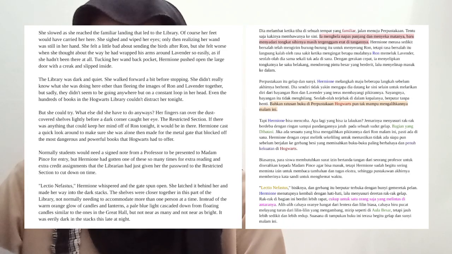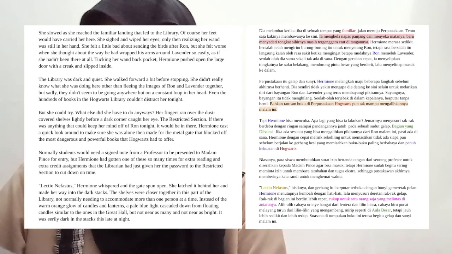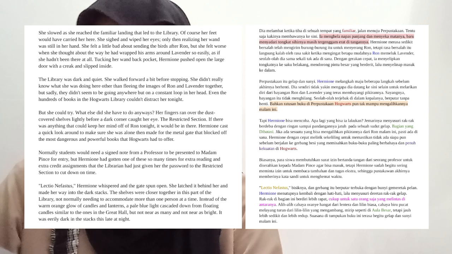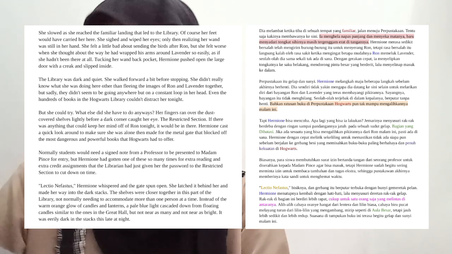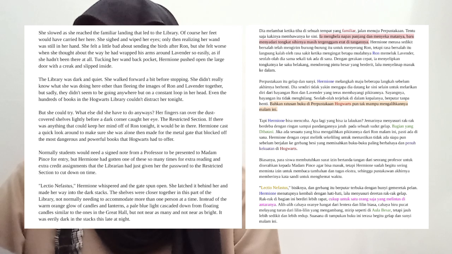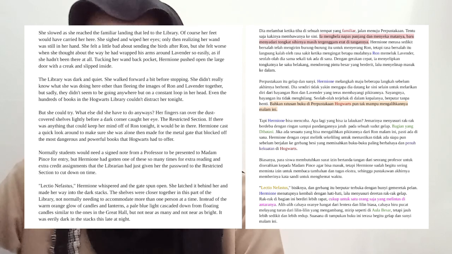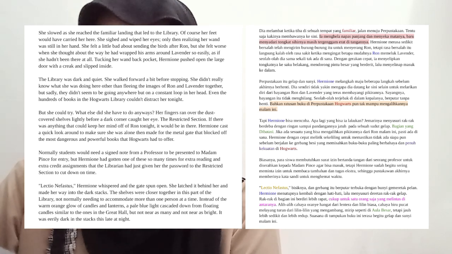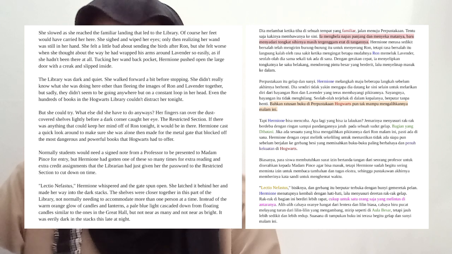For example, the pronoun she in this text was translated as Hermione and he is Ron. So general pronouns were replaced with specific names to avoid ambiguity and clarify the narrative for Indonesian readers.